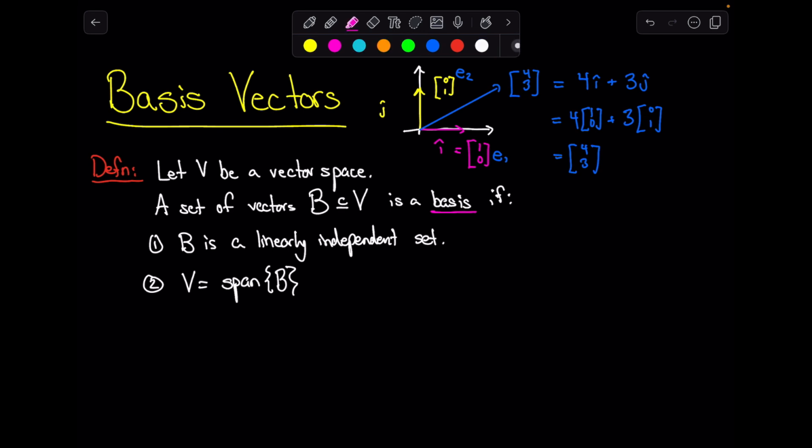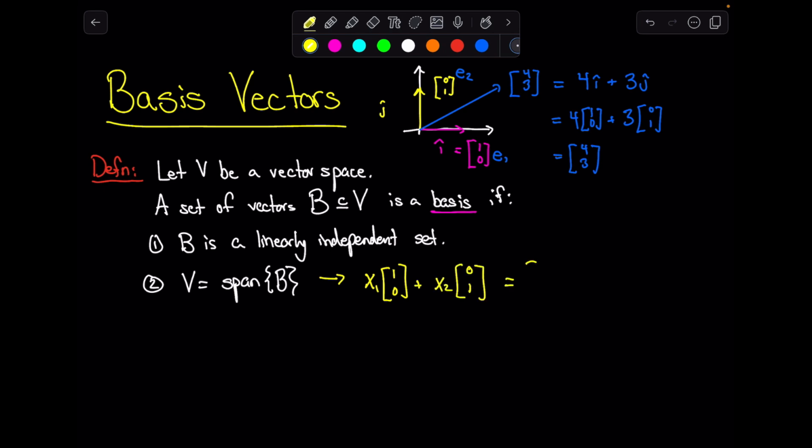That should ring some bells. The idea being that if I consider all possible linear combinations of (1, 0) and (0, 1), I will be able to get all of R2. In general, when we talk about this for R2, we're looking at x1 times (1, 0) plus x2 times (0, 1).